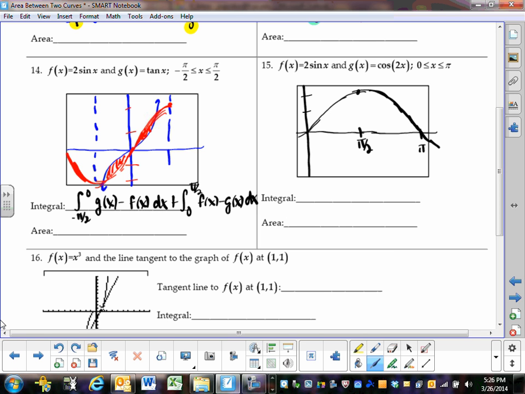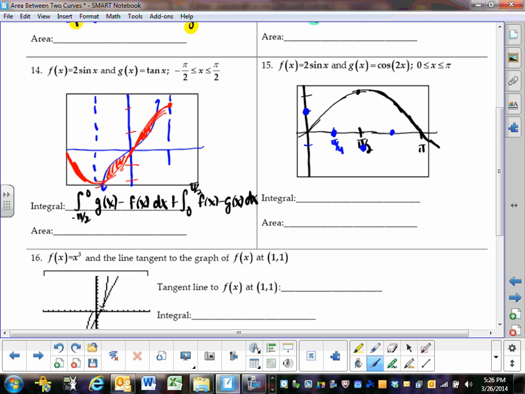Cosine of 2x is going to be a little different though. Cosine of 0 is still going to be 1. But at pi over 4, if we substitute pi over 4 in, we're going to get cosine of pi over 2, which is 0. At pi over 2 substituted in, we're going to get cosine of pi, which makes the negative 1 value.